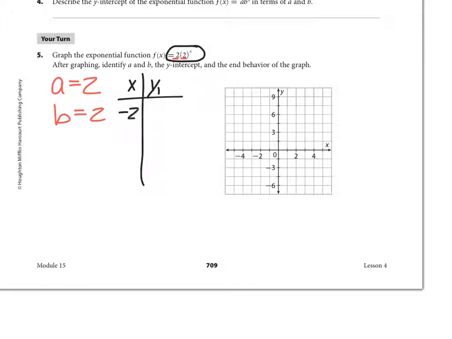So I start with -2, -1, 0, 1, and 2. Now, the reason I do that is because it asks for the y-intercept, which is our 0 term. So I'm picking 2 points on either side of it.